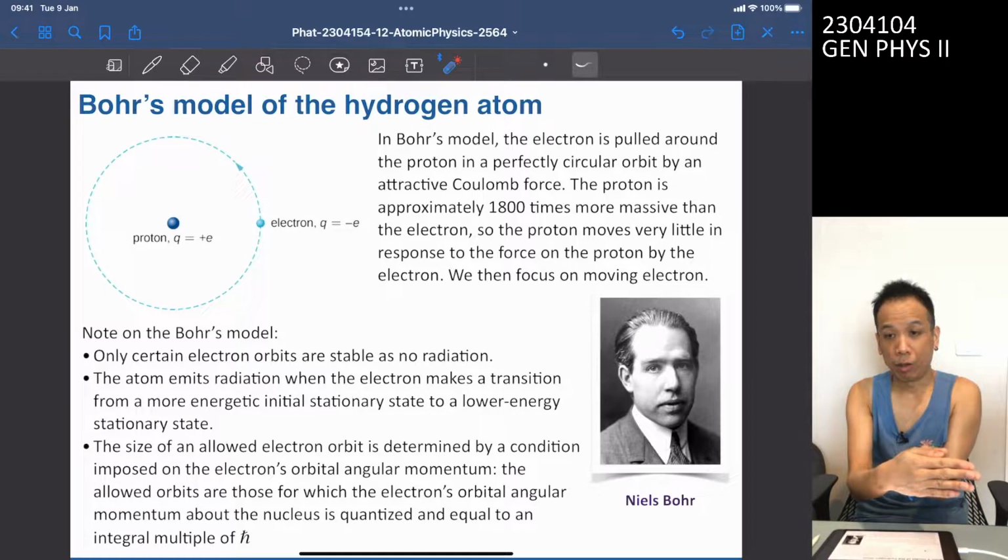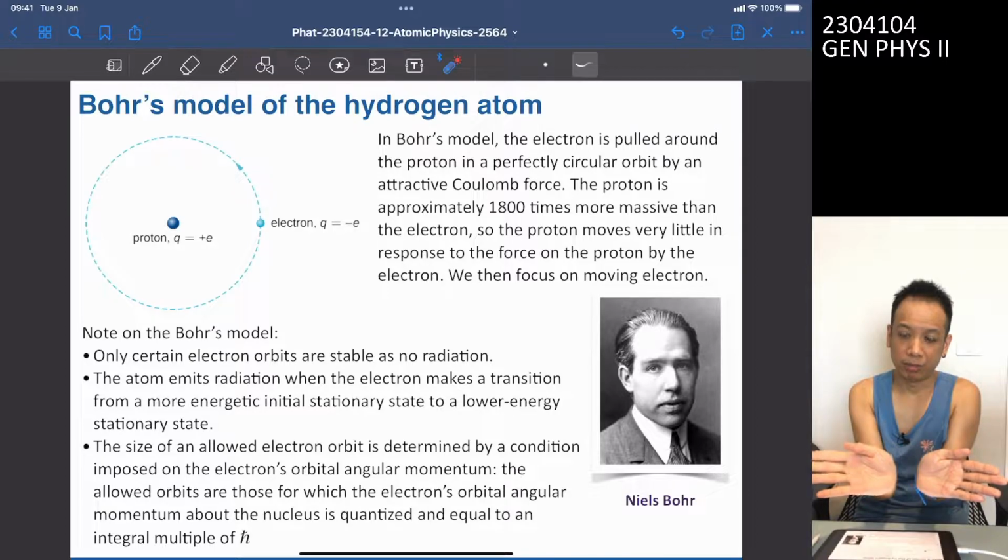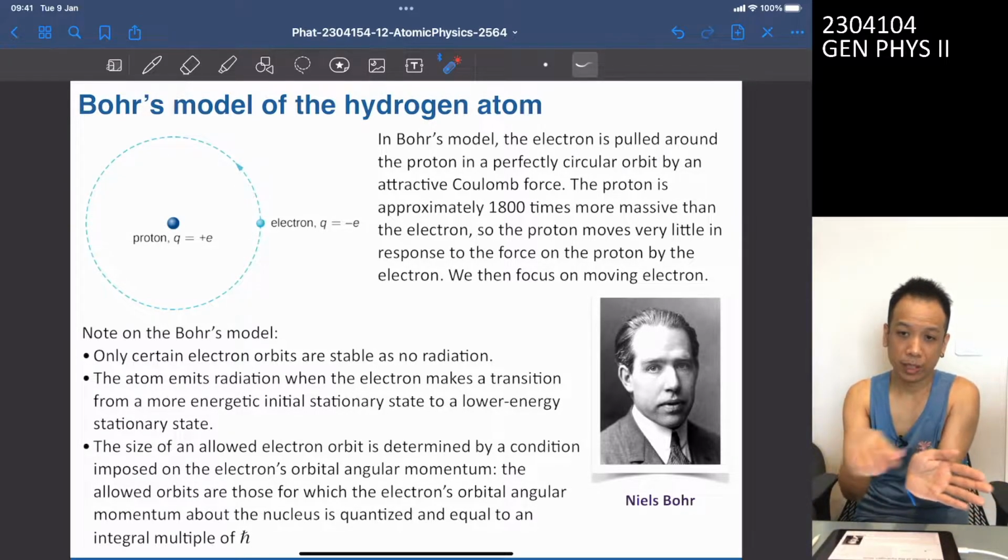So it needs to radiate something out when the charge turns, to make the momentum conserved, and this radiation will reduce the energy of the particle.